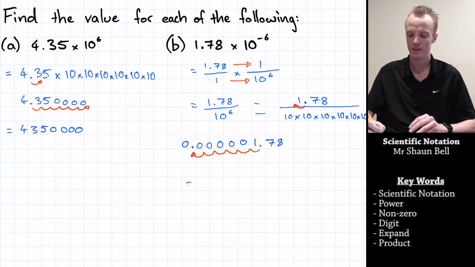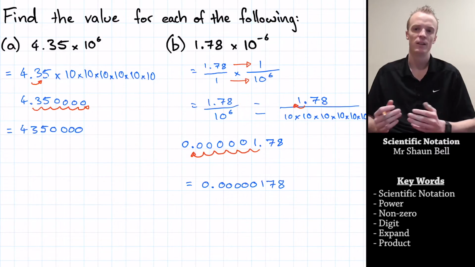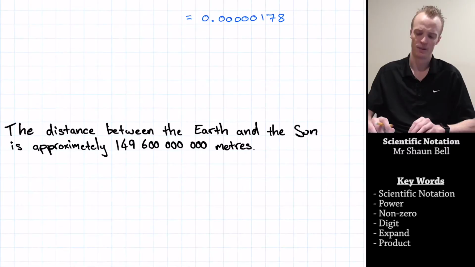So we're essentially saying this is equal to 0.0000178. So what we can see here is scientific notation can be used to represent a larger number when it has a positive power, or a smaller number when it has a negative power. So now we know what scientific notation is, let's have a look at why we might use it.